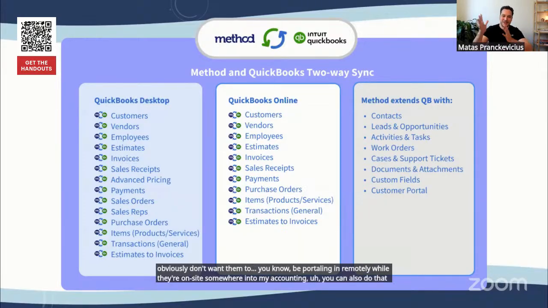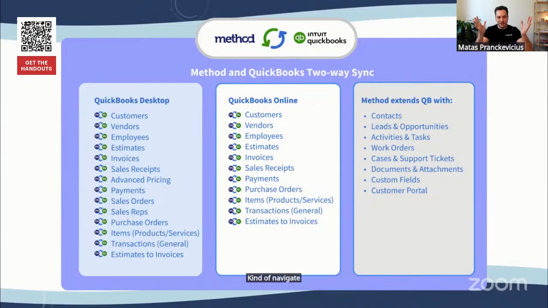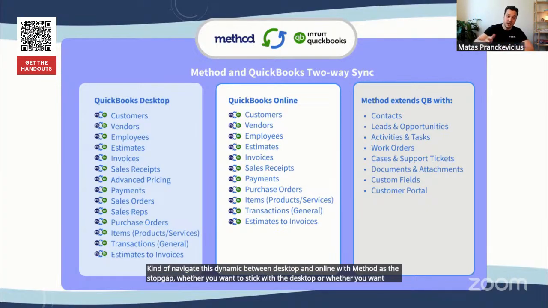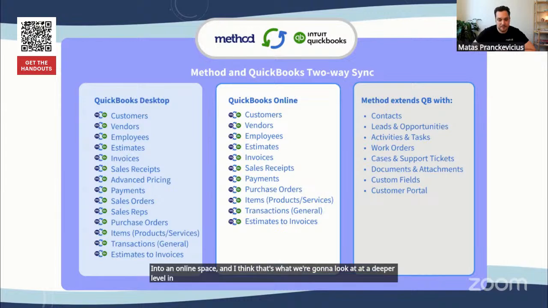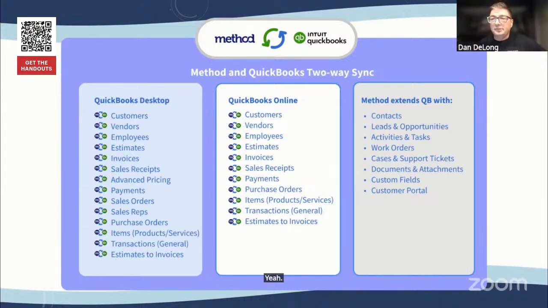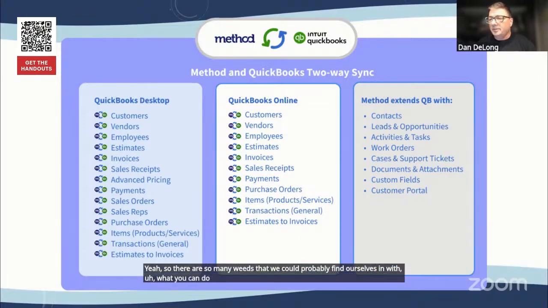So you can kind of navigate this dynamic between desktop and online with Method as the stopgap, whether you want to stick with the desktop or whether you want to transition into an online space. And I think that's what we're going to look at a deeper level in the next few slides. Yeah, there's so many weeds that we could probably find ourselves in with what you can do with Method.